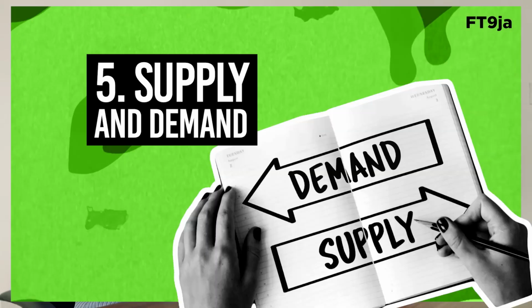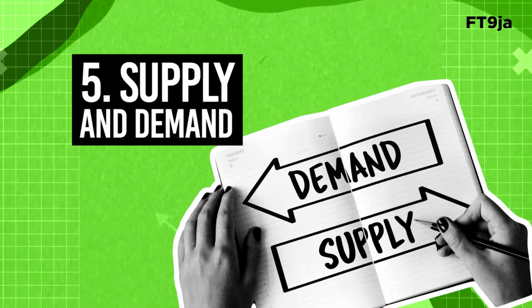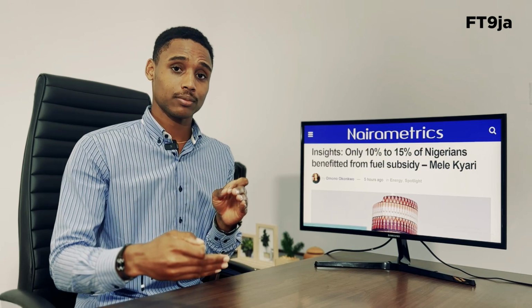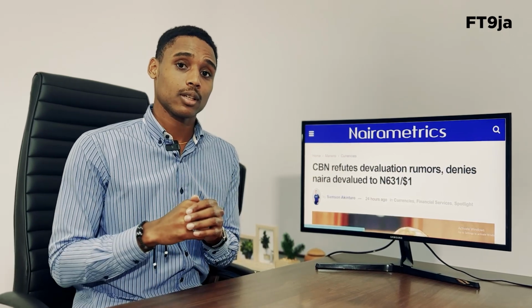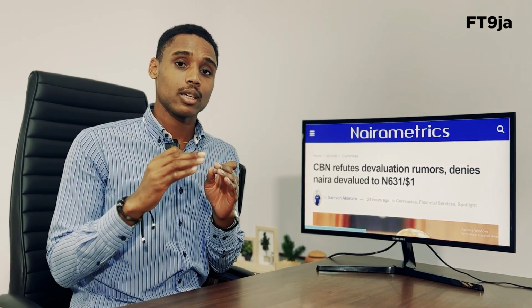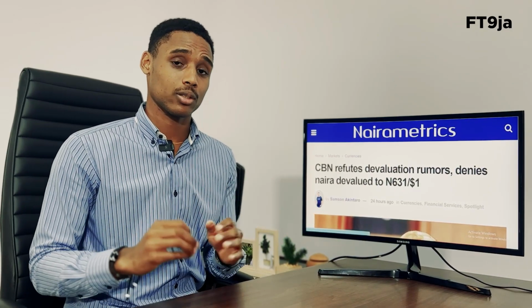Next, we have supply and demand as a factor that affects the price of gold. When there is a shortage in production, then that means that this is a bullish outlook for gold. For instance, in 2022, the amount of gold mined was around 3,612 tons.